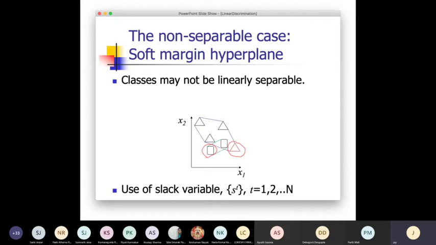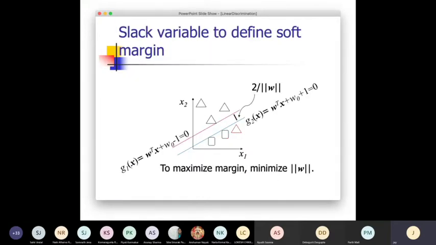We call it a soft margin. We can introduce another set of variables into the objective function of the optimization problem, and those variables will take care of these kinds of deviations.